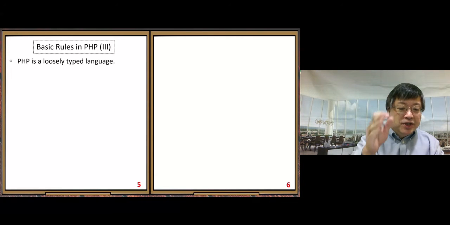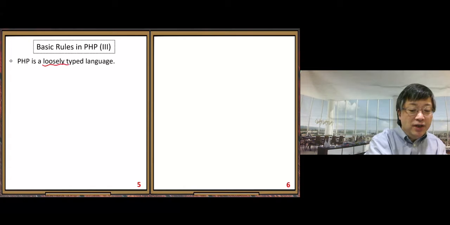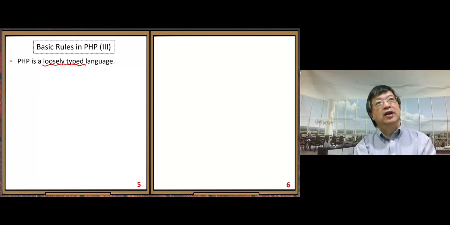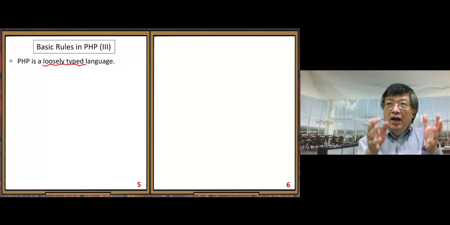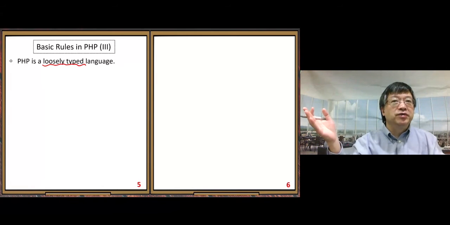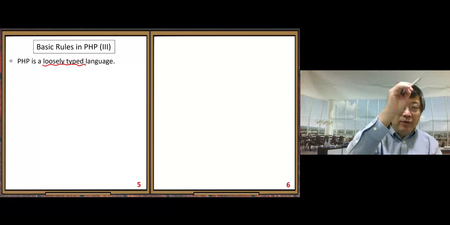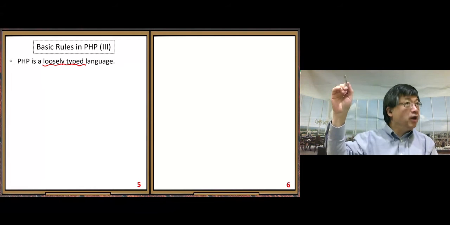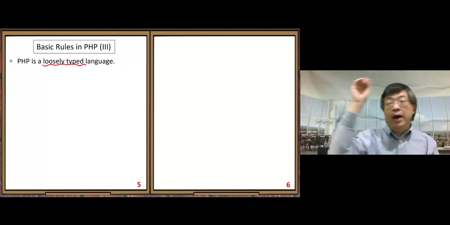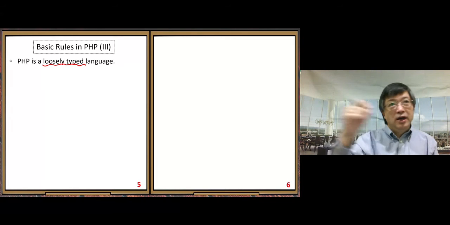PHP is a loosely typed language. Look at this, loosely typed language. Now we get to the type declaration. We do not declare types. So if you recall, when we create a PHP variable, we never declare it as a string or as a number. We do not do it.